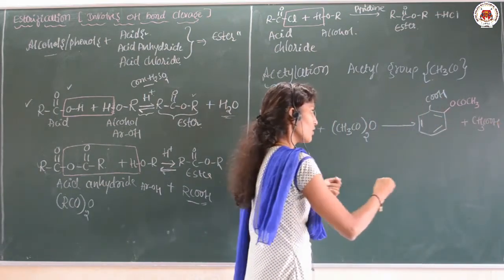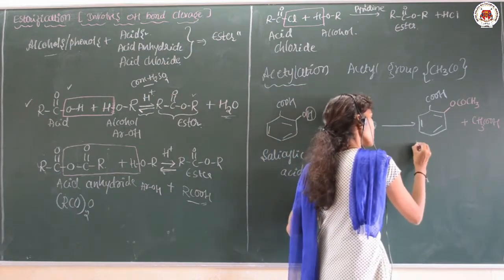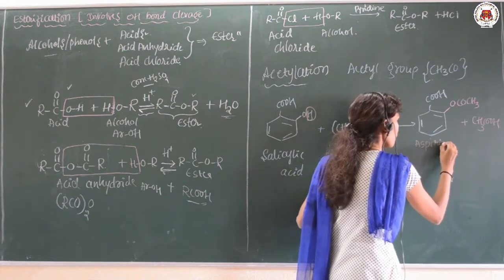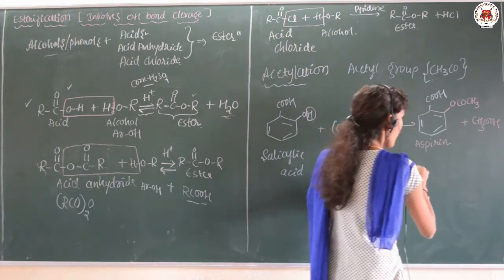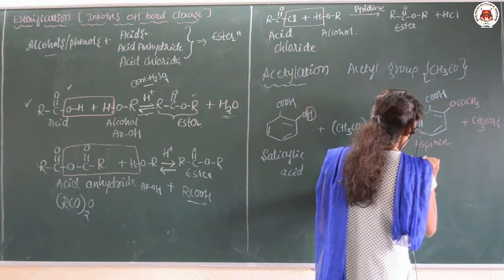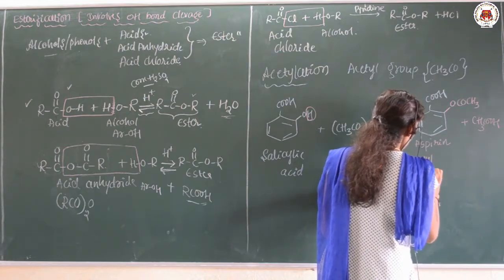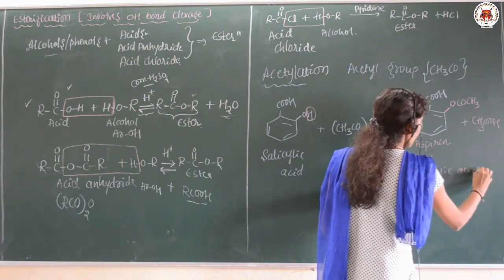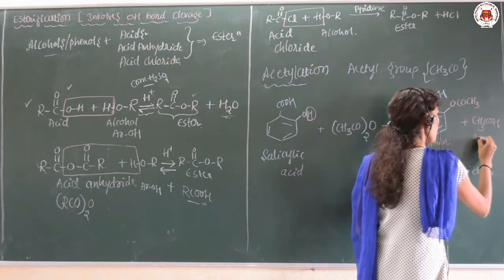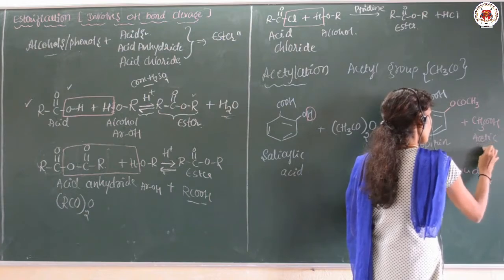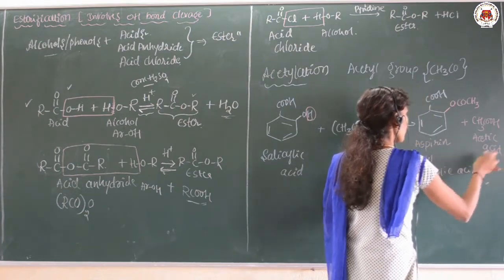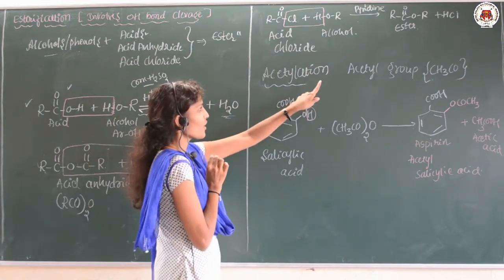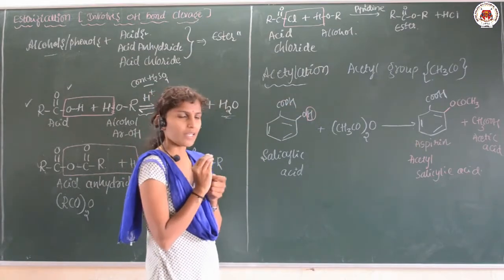So this formed product is nothing but aspirin. It is also called acetylsalicylic acid, and this is acetic acid, as you know. The acetyl group addition is nothing but acetylation.